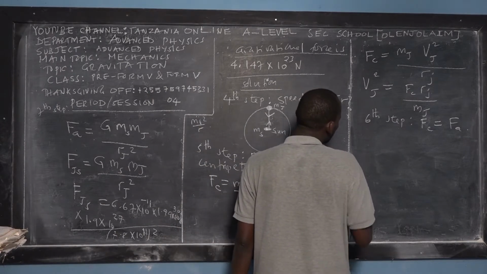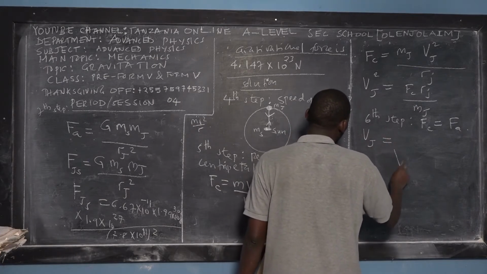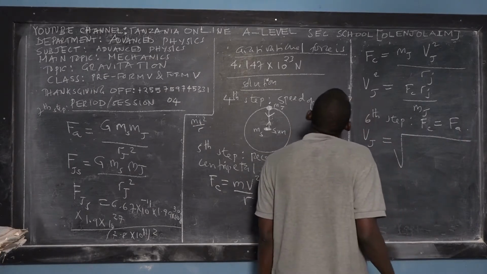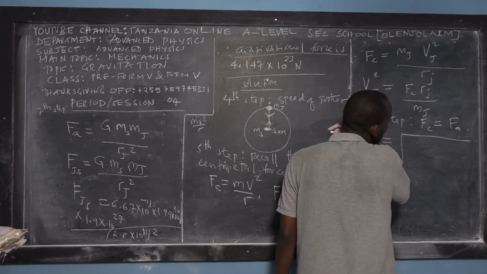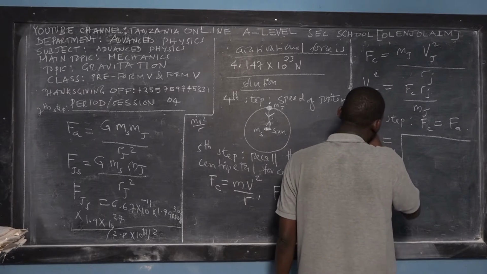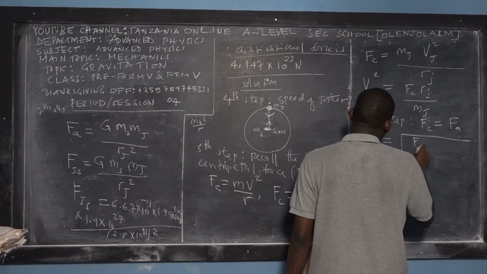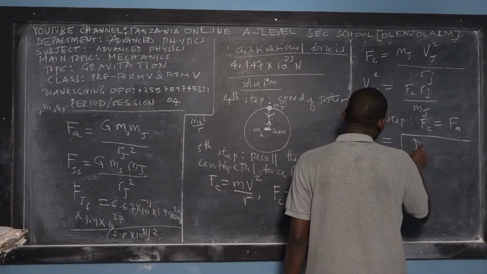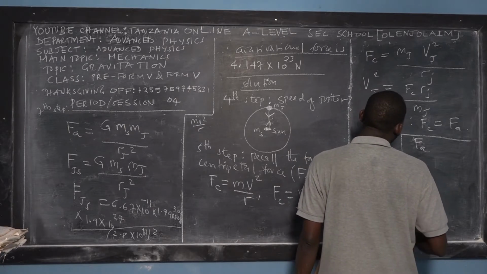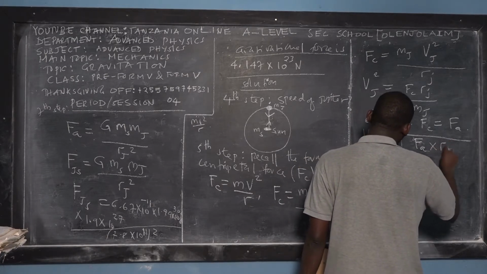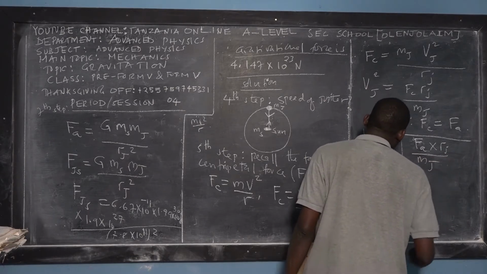So the velocity of Jupiter is equal to the square root of the centripetal force, which is equal to the gravitational force we found in part 1, times the radius of Jupiter, which we have, divided by the mass of Jupiter, which we know.